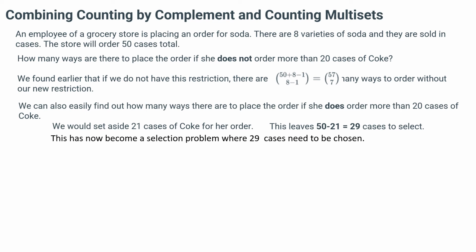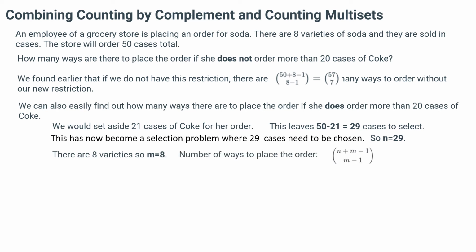So it's now become a problem where she's selecting 29 cases out of 8 varieties. So N would be 29, M would be 8, and then of course we would take M minus 1 to consider in our formula here. So the number of ways to place the order would be N plus M minus 1, so 29 plus 7, and then choose 7.